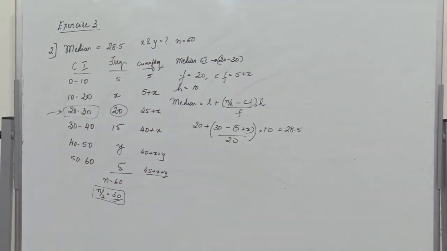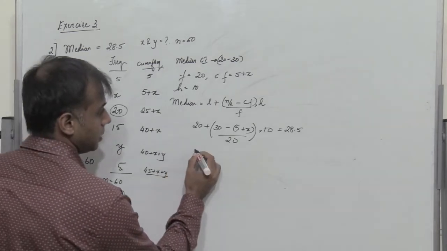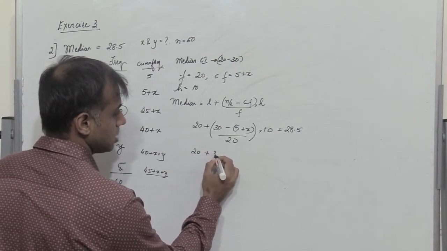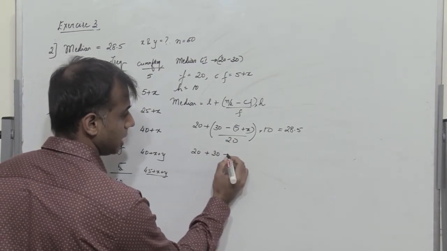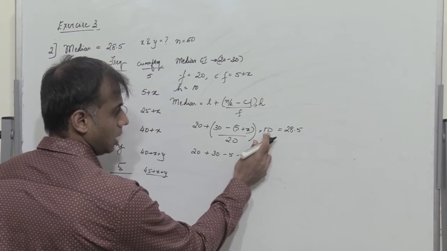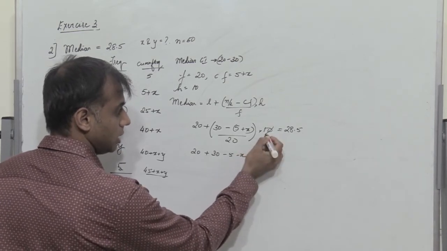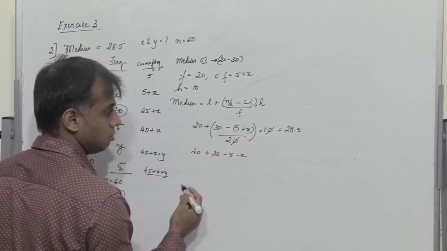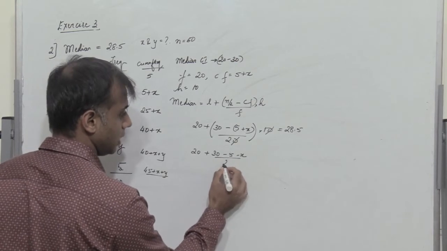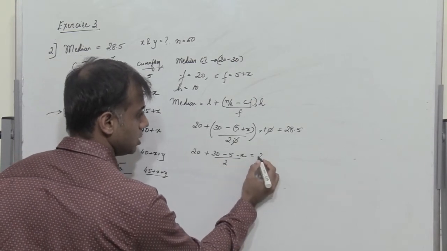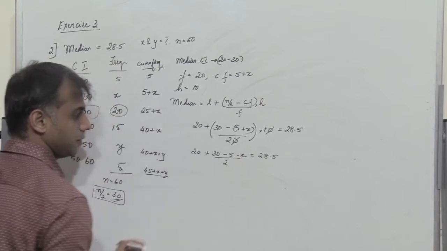All these values are given here, so we can find the value of x. Therefore, we have 20 plus 30, and when I remove the brackets, I get minus 5 minus x. I can eliminate the 0 here, so I get divided by 2 equals 28.5.